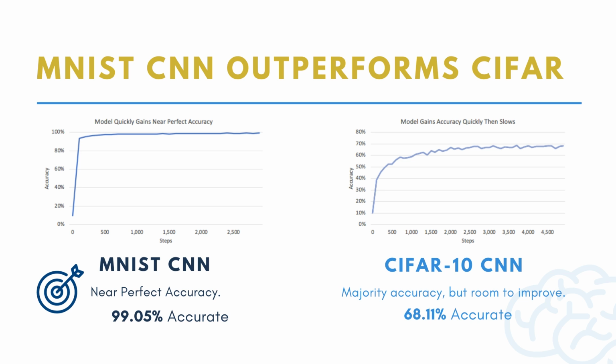But as you can see on the left, MNIST and its CNN have a nearly perfect accuracy. 99.05% means that this neural network, this CNN, is only wrong 0.95 of the time. So less than 1% of the time, the model is wrong, which is pretty good odds.